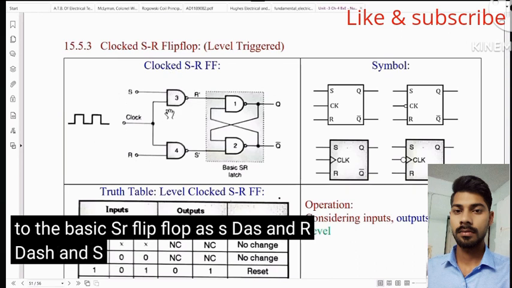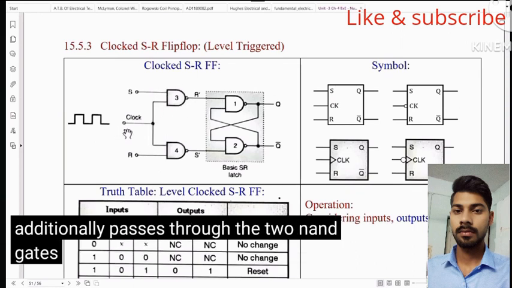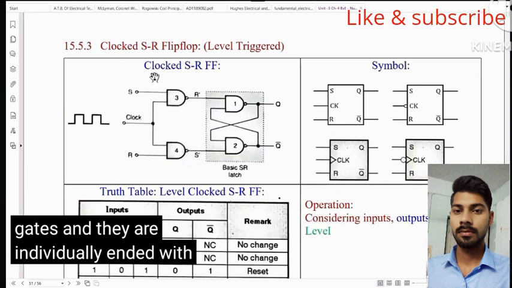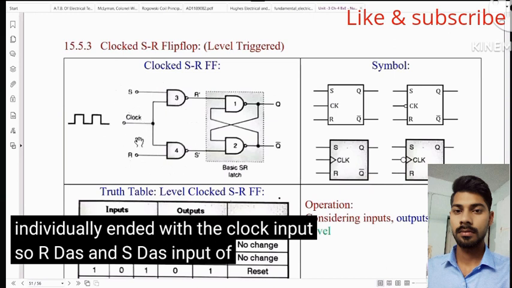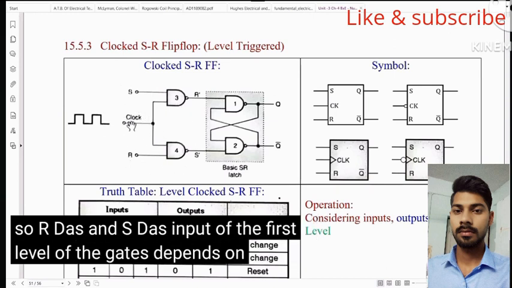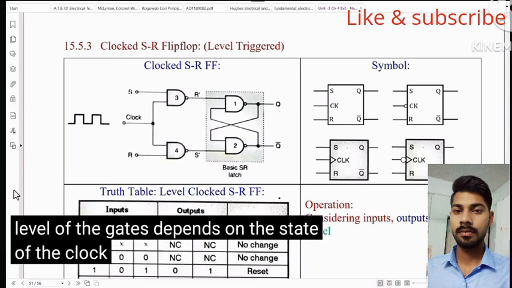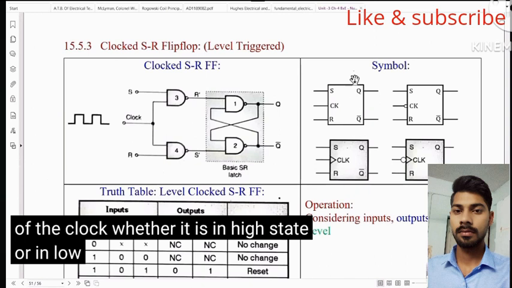And S and R inputs are additionally passed through two NAND gates and they are individually ANDed with the clock input. So R dash and S dash input of the first level of the gates depends on the state of the clock, whether it is in high state or in low state.